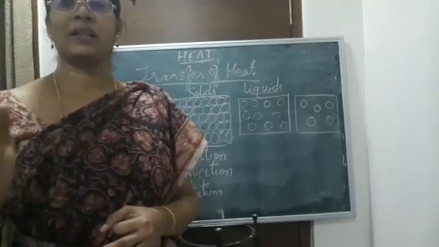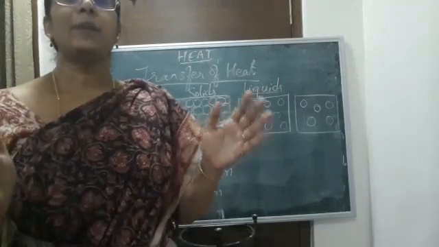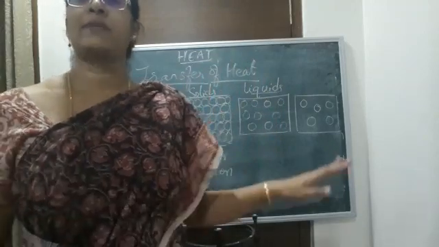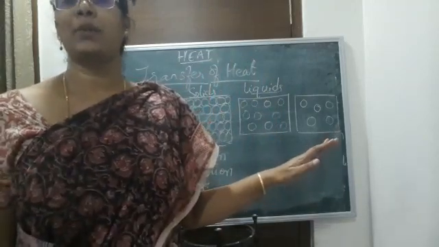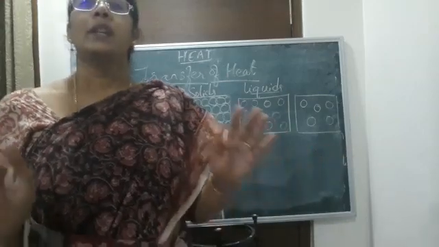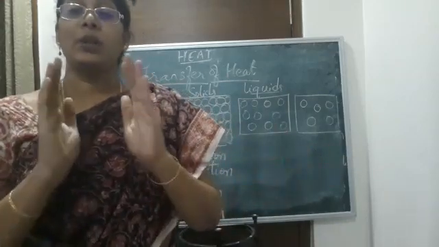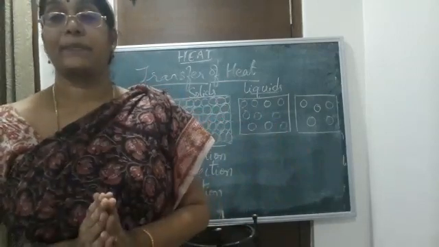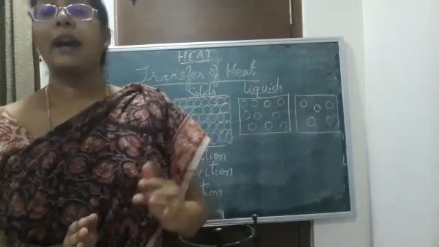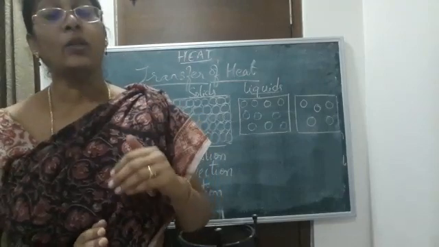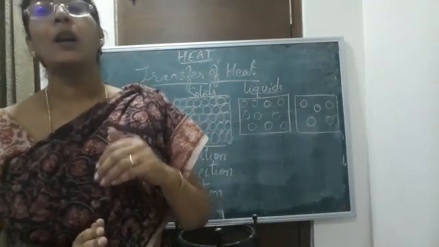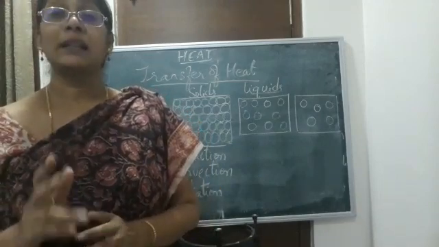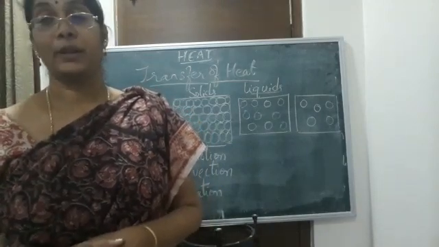Only then does transfer of heat take place. If the temperature of both objects is the same, then no transfer of heat takes place among them. Transfer of heat can take place only if there is a difference between the temperatures of two objects, and it always takes place from the hot object to the cold object. These are the two things that are important.